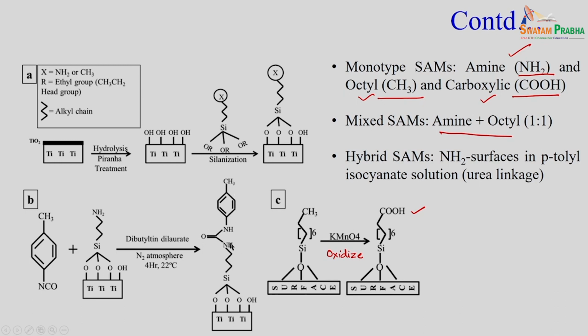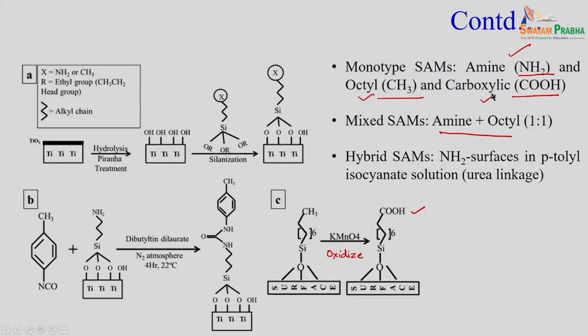So, the same SAM molecule now has a hydrophobic group as well as a hydrophilic group. Both functional groups are present in the same chain, that is why it is called the hybrid SAM. So, these were the different types of SAM applied on the titania surface: the monoSAMs, amine, octyl and carboxylic; the mixed SAM, a mixture of amine and octyl; and the hybrid SAM.